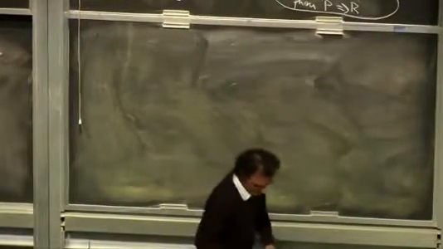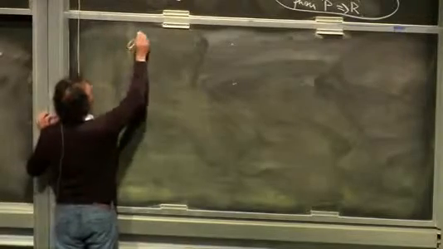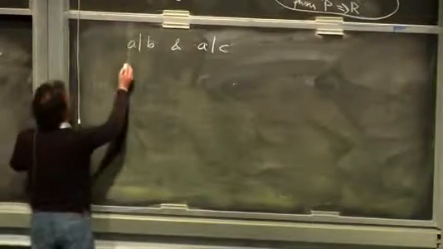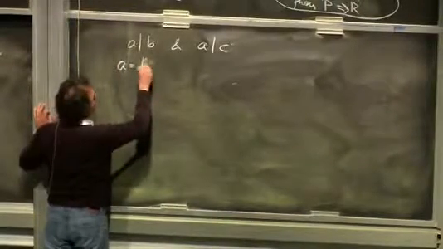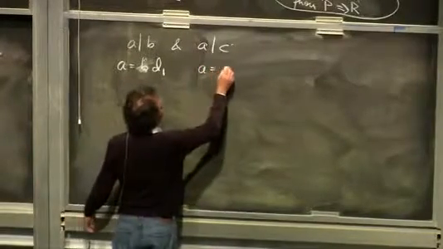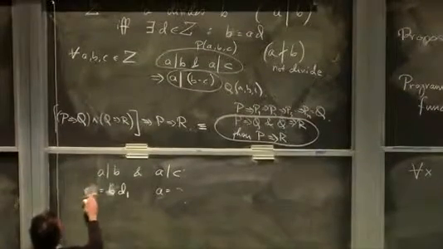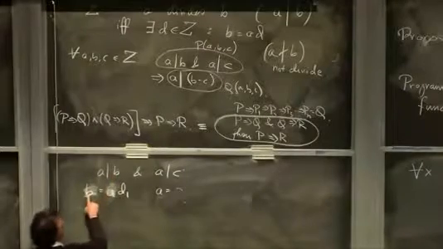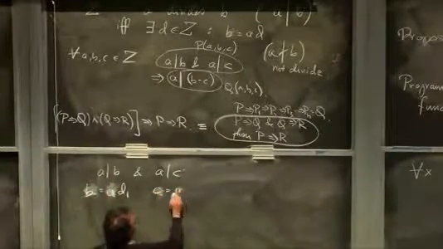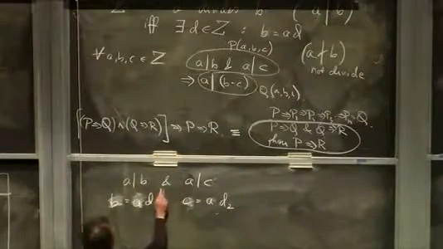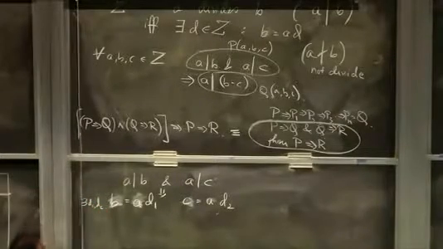Okay, so what are we given? We are given A divides B and A divides C. Okay. So what does this mean? By definition, it means that there's D1 such that B equal to A times D1, and D2 such that C equal to A times D2, by definition of divides.